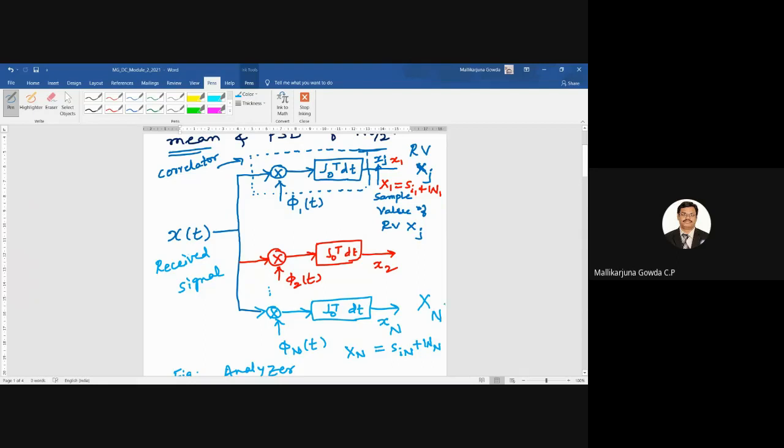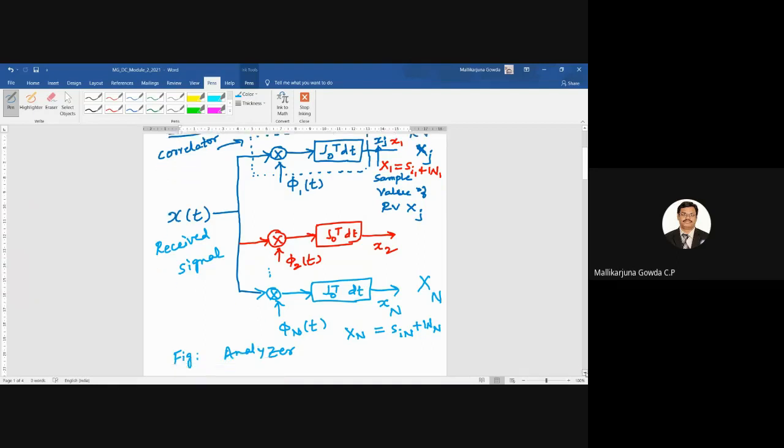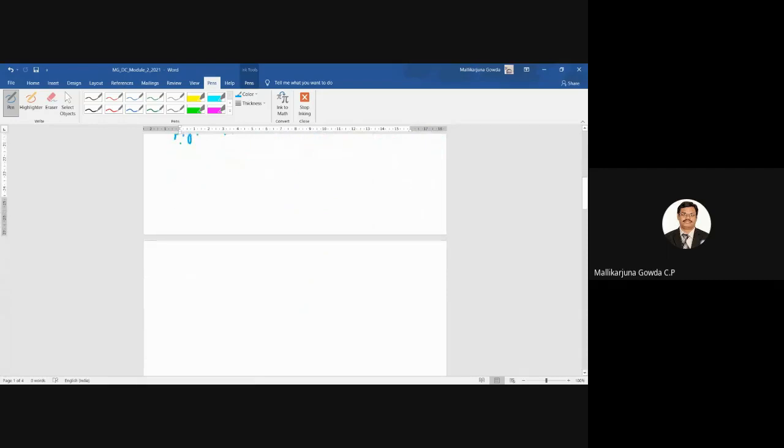Okay, fine. So once we are aware of this, next, I told what is x of t, right? X of t is s_i of t plus w of t, I said. So the output of every correlator I denoted as xj. Let me write here: the output of the correlator, which I denoted as small xj.